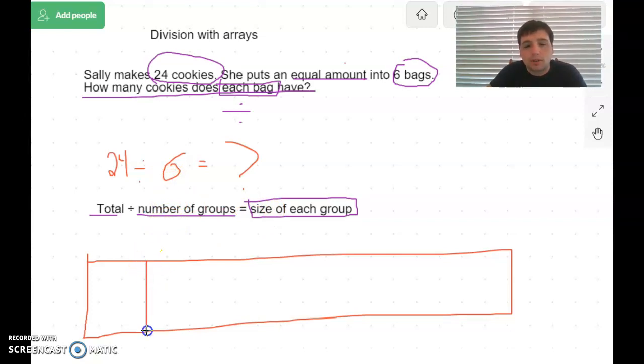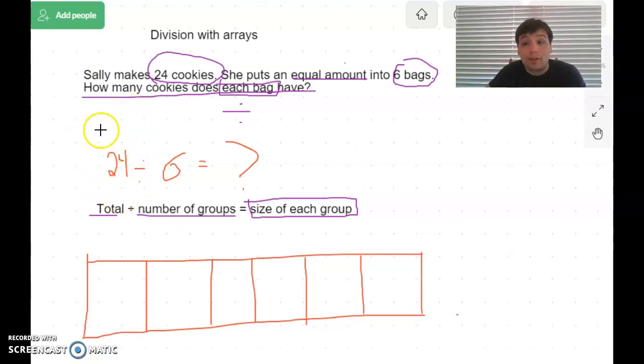So here's 1 group, 2, 3, 4, 5, 1, 2, 3, 4, 5, 6. Let's just erase some of this at the end here, make it a little smaller. There we go. So there are my 6 groups. I want to count all the way up to 24.